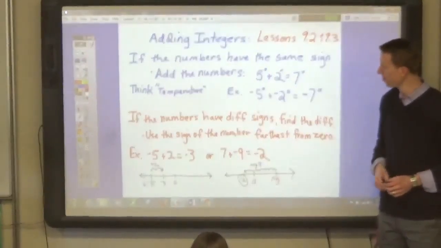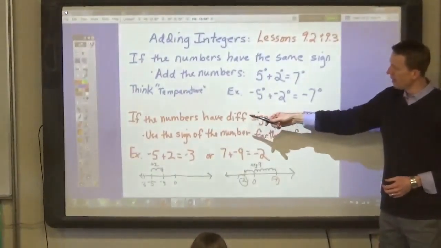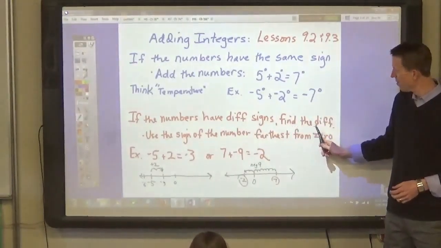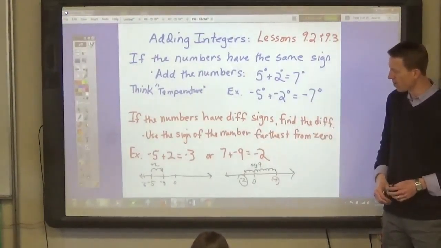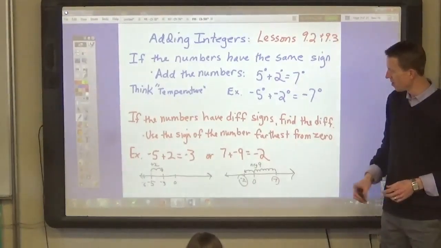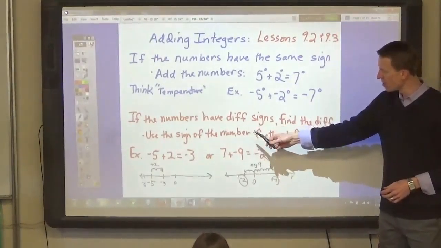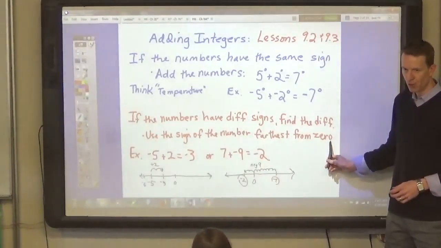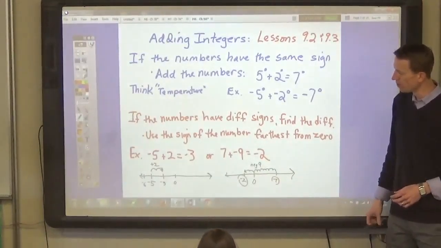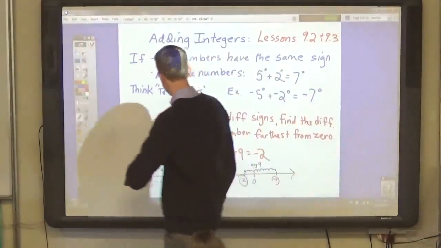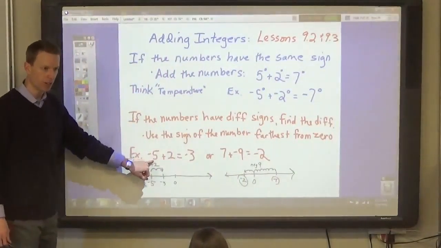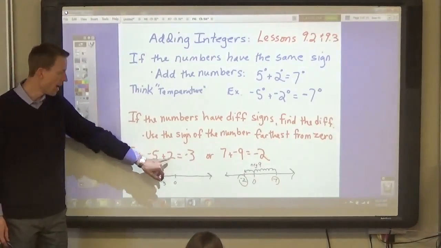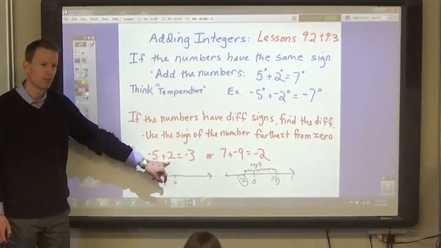All right? Now, if the numbers have different signs, then you have to find the difference. Okay? You have to use the sign of the number that's farthest from 0 after you find the difference. So in other words, let's say that you're starting at negative 5 degrees, a negative amount, and you're adding a positive amount.